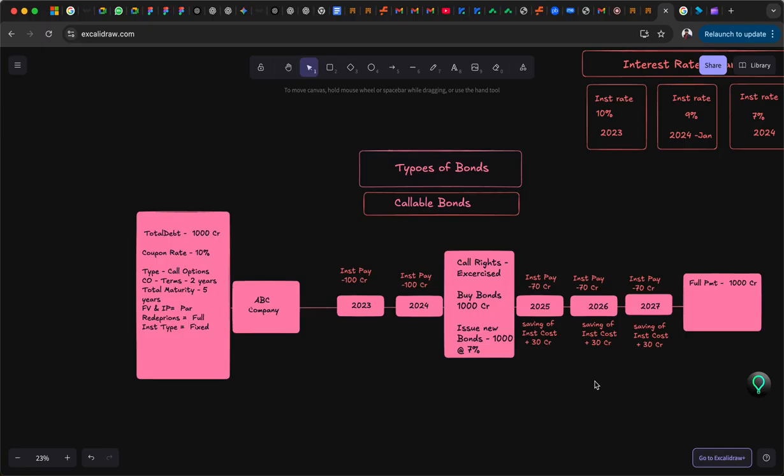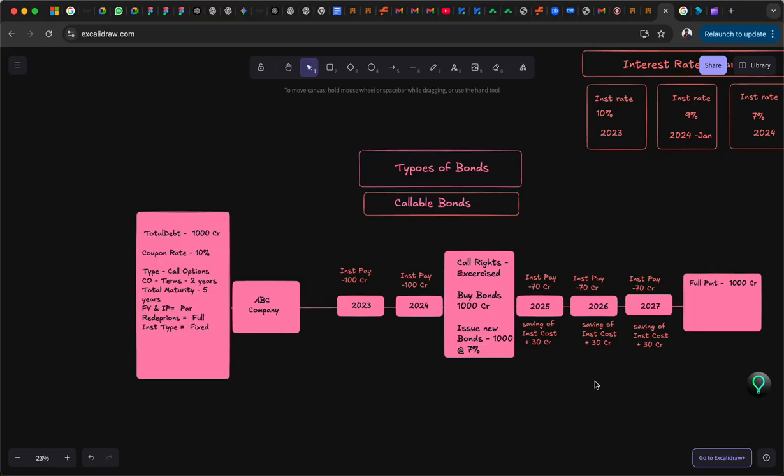If you see only a small difference like 10 to 9.5, 9.2, 9.3, and the bond size is big, let's say 1 lakh crores, 2 lakh crores, then the difference is really big. In this case, on a 1,000 crores loan, you can save around 30 crores per annum. And this is a decent amount, right? You can utilize that to repay the debt.